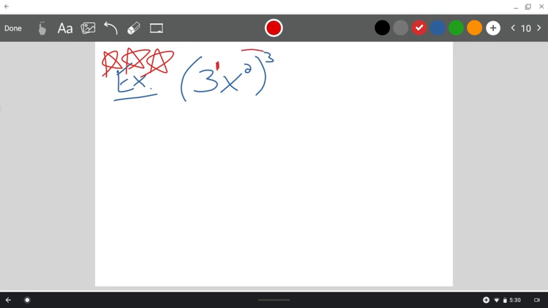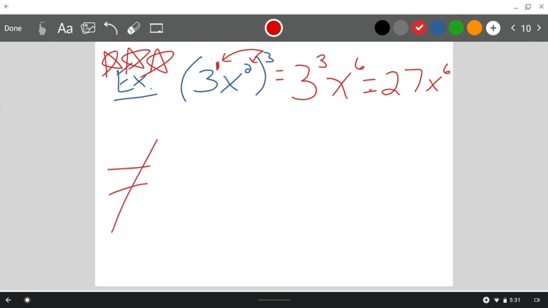So I'm multiplying my exponents, which would make this 3 to the 3rd power x to the 6th power, which is 27x to the 6th. It is not 3 times 3, which is 9, x to the 6th. You never multiply the little number times the big number. You're multiplying exponents times exponents, so 3 times 1, not 3 times 3.